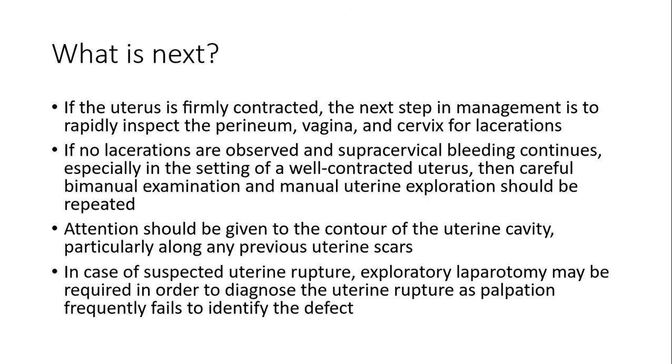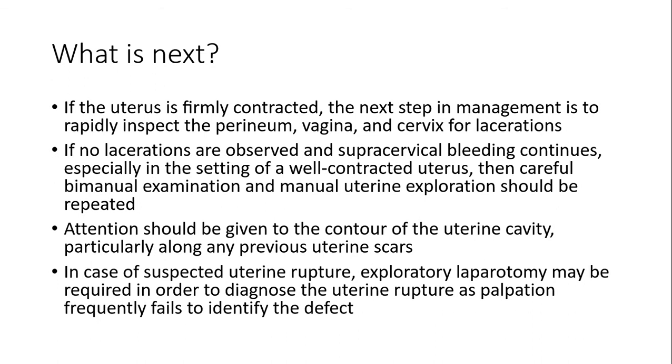If the uterus is firmly contracted, the next step in management is to rapidly inspect the perineum, vagina, and the cervix for laceration which may bleed. If no lacerations are observed and bleeding continues, especially in the setting of the well-contracted uterus, then careful bimanual examination and manual uterine exploration should be repeated. Attention should be given to the contour of the uterine cavity, particularly along the previous uterine scars.